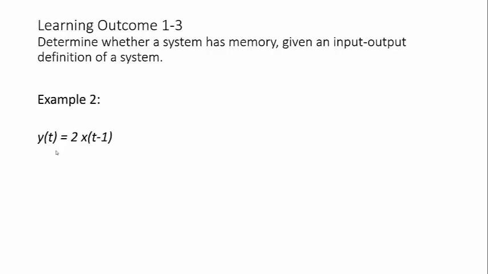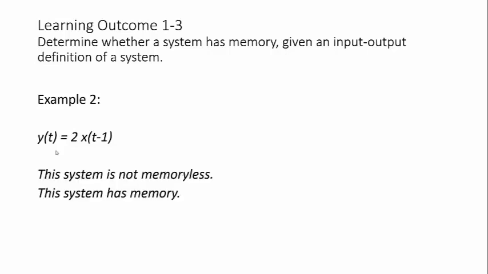Example 2. Another mathematical input-output definition of a system. Is this system memoryless? The system is not memoryless. This system has memory. If we consider time t as 1, here our output y at time 1 is going to be 2x at time 0.